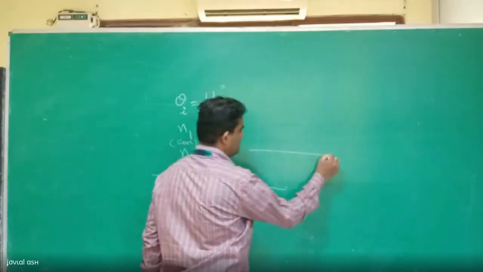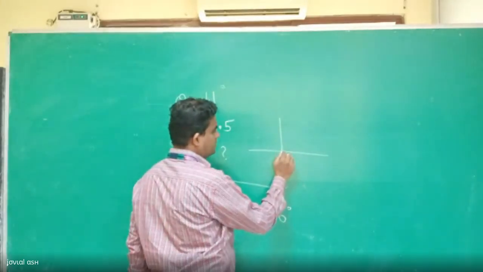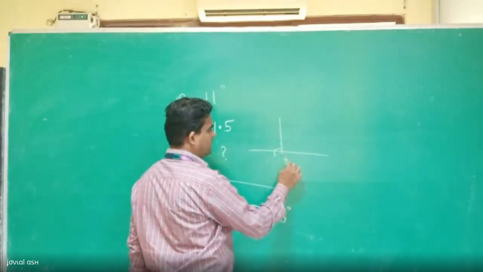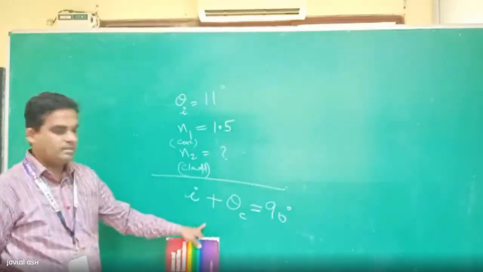See, it is a straight line. Your incident angle and your refracted angle together should be equal to 90 degrees. Then only total internal reflection happens inside the fiber.